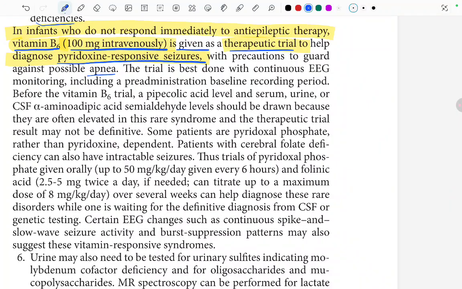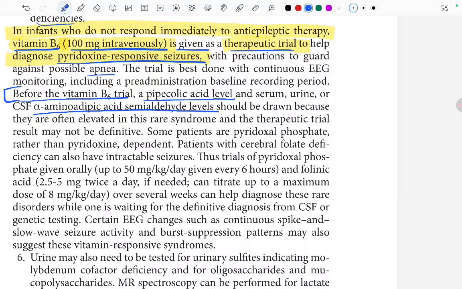So in these children in whom we are doing this therapeutic trial of vitamin B6, we need to test some levels. Before the vitamin B6 trial, what do we need to do? We need to check the levels of pipecolic acid in serum, urine, or CSF and alpha aminoadipic acid semialdehyde levels.